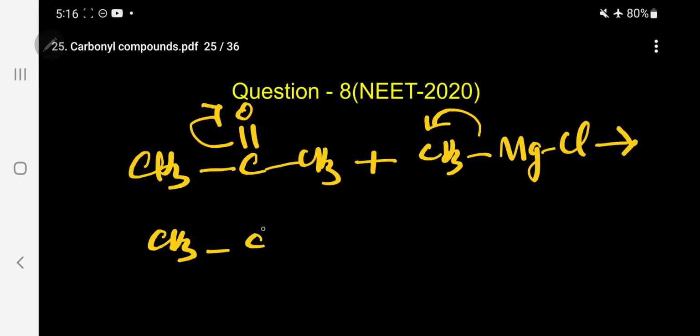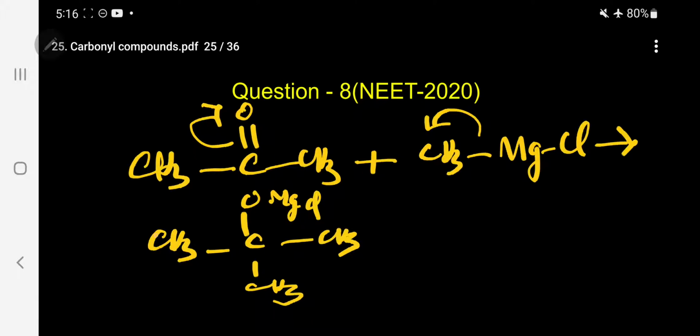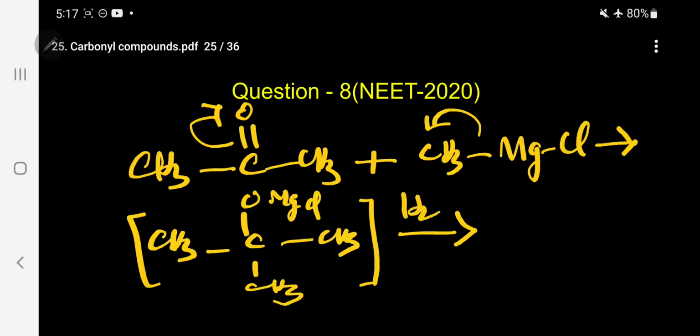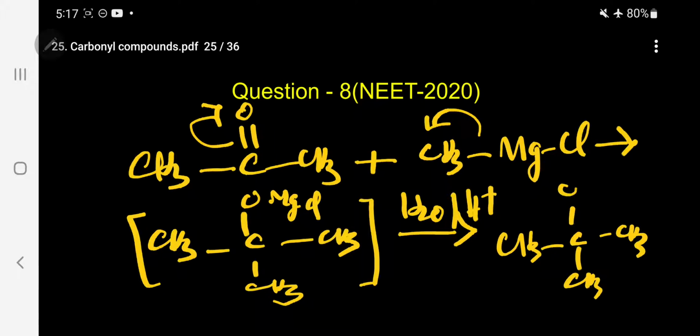Now what I will add: CH3, C, OMgCl, CH3 and CH3. This is the intermediate. On hydrolysis, what is the product formed? CH3, CH3, CH3, C with OH, an alcohol, plus MgOHCl.